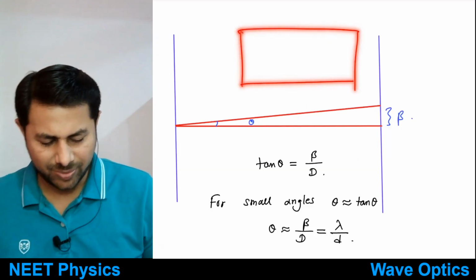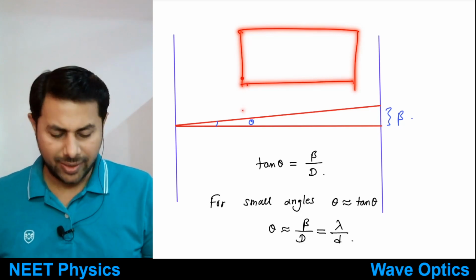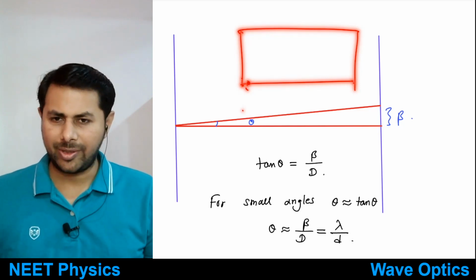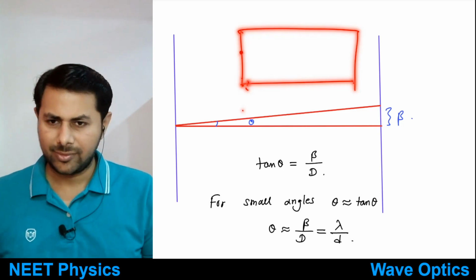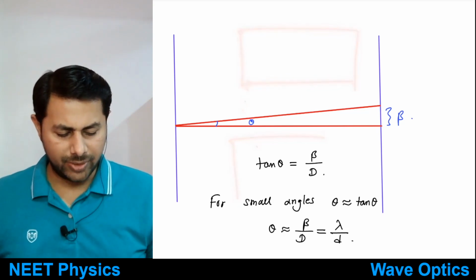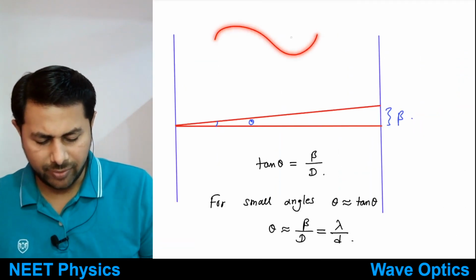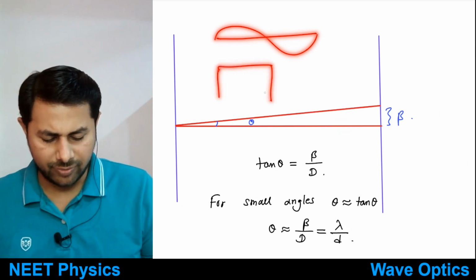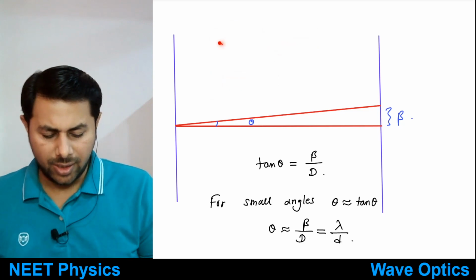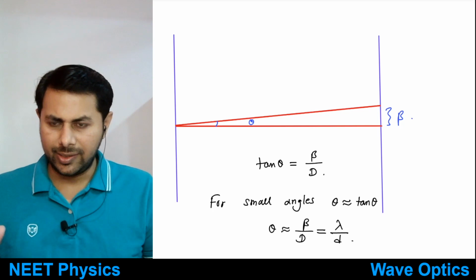So see, you have suppose this glass slab. The wavelength here would be different, right? If it is a denser medium, then the wavelength would decrease. Suppose in air the wavelength is this much, and this medium has refractive index twice as much. Then the distance covered in air and this medium would be the same.